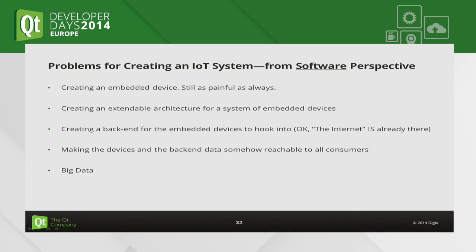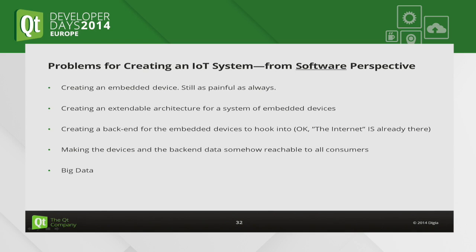but problems for creating an Internet of Things system from a software perspective start from the fact that you still need to make an embedded device, or heck of a lot of embedded devices, and that's never been fun. It takes an awful lot of time to create embedded devices from a software perspective too. And then you need to create some sort of an extendable architecture for a system of embedded devices, because the point is that it needs to be future-proof, and you can have all kinds of mobile devices included that you don't even know of yet.